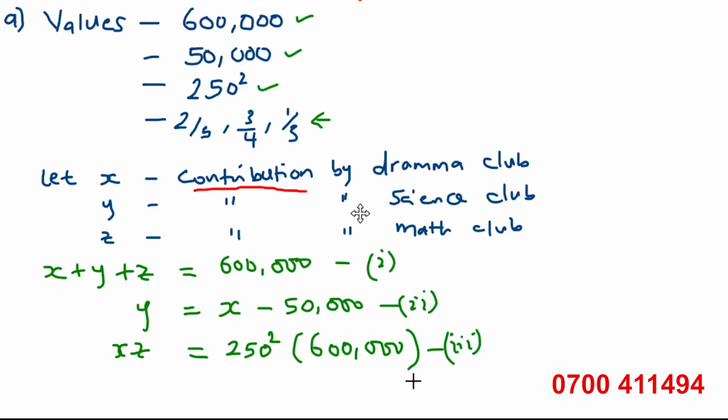The best method we can use here is the substitution method. We are simply going to substitute. So I'm going to first get equation 2 and substitute it into equation 1. So if we substitute, what do we get?